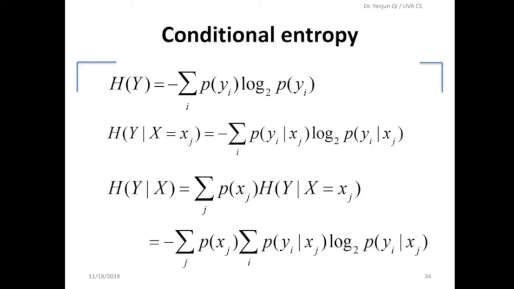After you have this, you need to take the expectation over all the possible values of the x variable, which gives another level of summation over j. So you take the expectation by taking into account the probability of each specific p(xj), then multiply that by each conditional entropy.